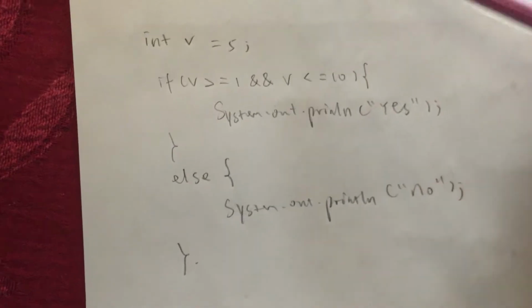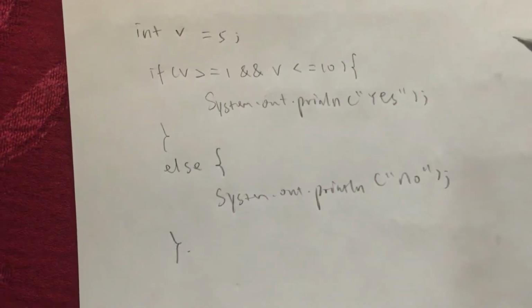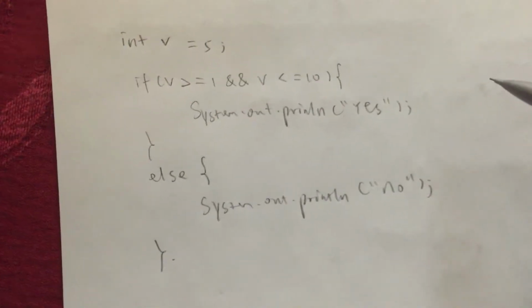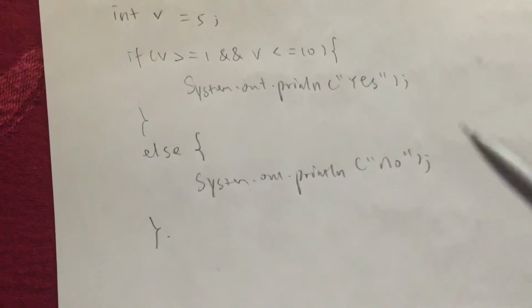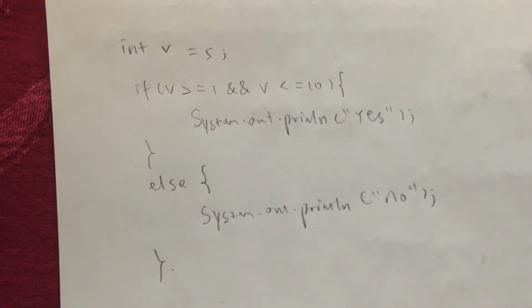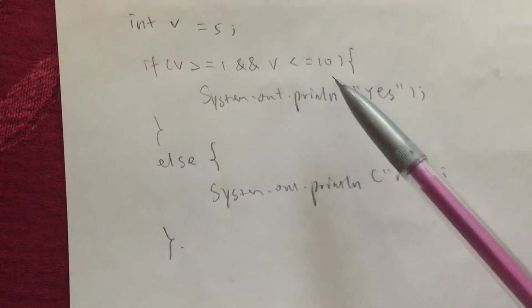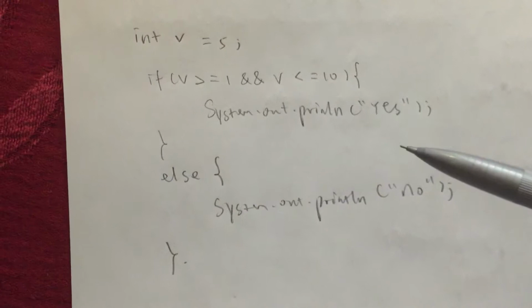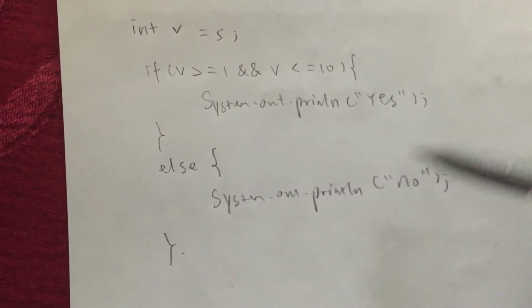And second, read the question carefully. There's going to be hints and information about the question in the question. For example, this one says within range 1 to 10 inclusively. Inclusively, that's why you have these equal signs here. And then it says write a single if-else statement, so you don't have anything nested below.